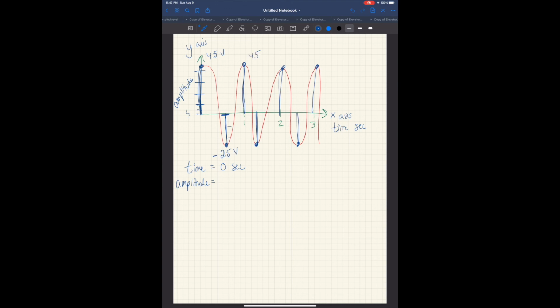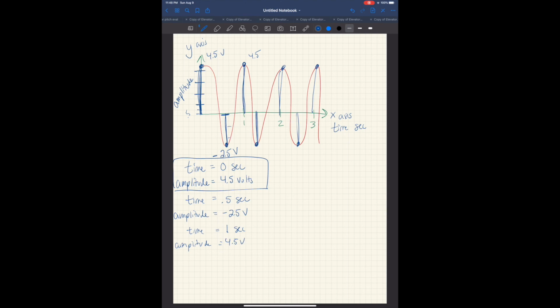So the amplitude at the very first measurement was 4.5 volts. This is our very first measurement. Our second sample, time equals 0.5 seconds. Amplitude, measured in volts, is negative 2.5 volts. At time 1 second, the amplitude is 4.5 volts again.